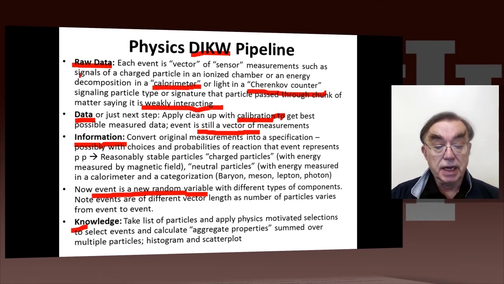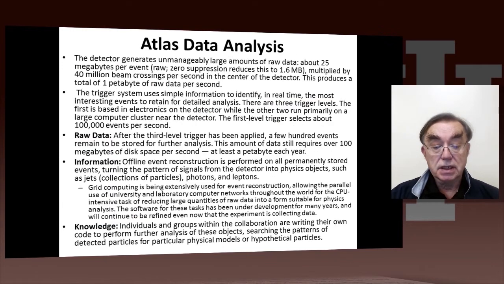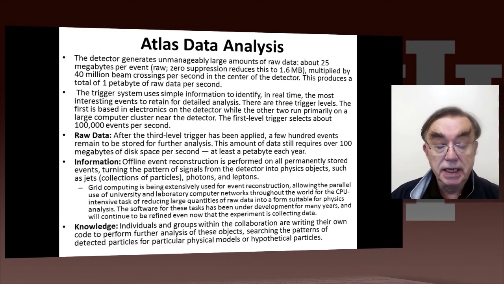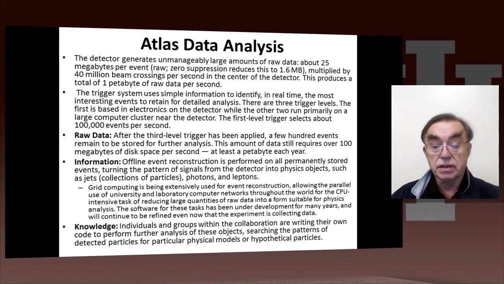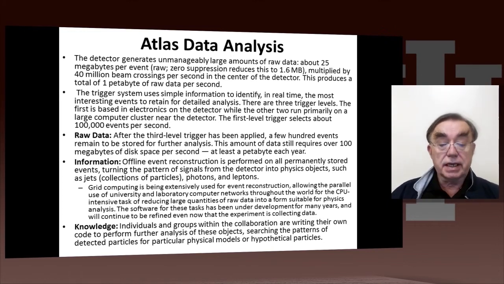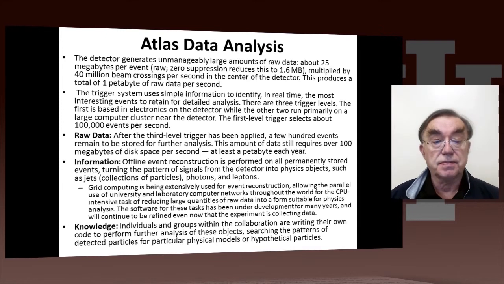Then finally, we get to knowledge, which is what you get when we study the Higgs. We take the list of particles, apply various selections, and calculate properties which are presented in terms of histograms and scatter plots.